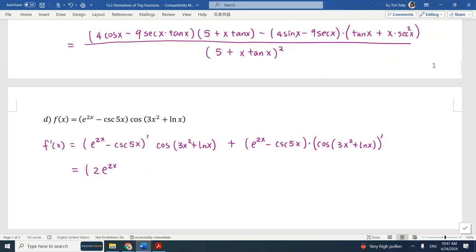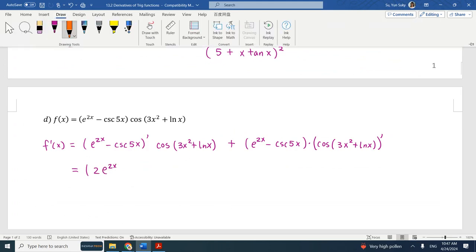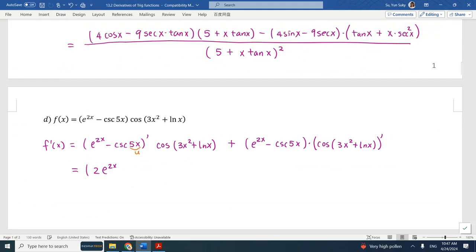Right, everybody? Okay, what's the derivative of negative cosecant 5x? See, this is a chain rule. Right, everybody? This cosecant, u is the inner function 5x. What's the derivative of negative cosecant u? What's the derivative of cosecant x?